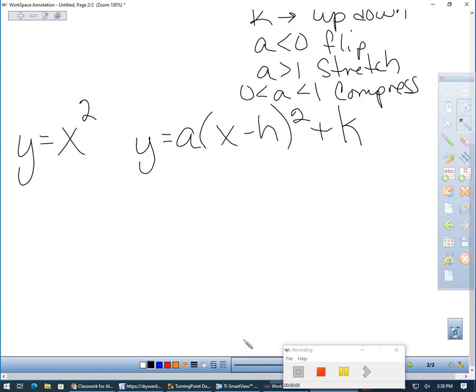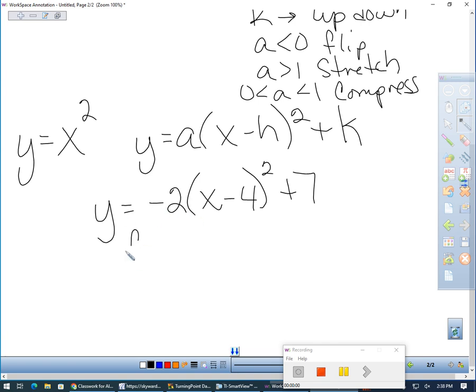A little bit? Okay. So, let's just go back to that era. If you were given y equals negative 2 times x minus 4 squared plus 7, what happened to this parabola? First of all, that negative told you it was a flip.